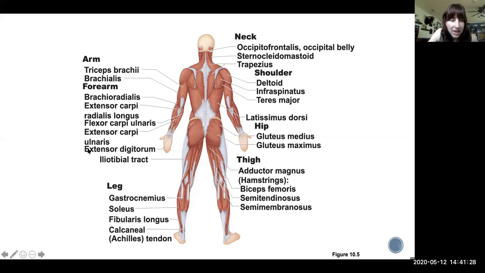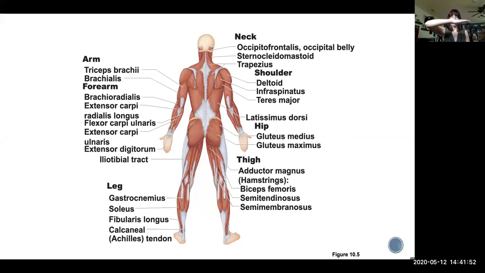And then finally, the extensor digitorum is going to be in the middle. There is a little muscle, oh, never mind, that's the flexor ulnaris. There's a muscle in the middle called the extensor digitorum. And this guy, as you might suspect based on its name, is going to extend the digits, right?